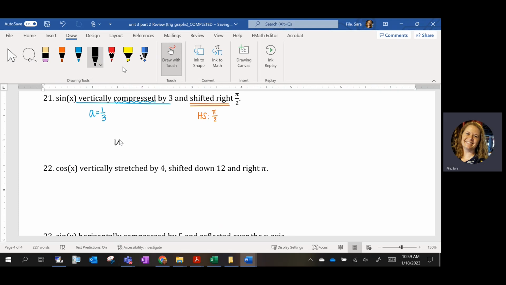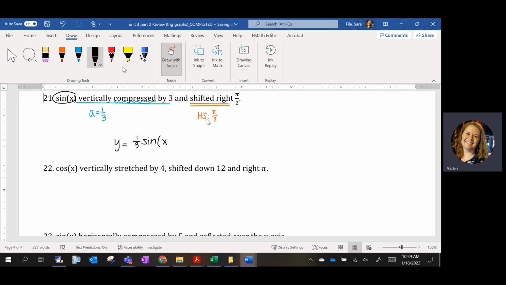Now, when that gets plugged into the equation, and they tell us to do this one in terms of sine. So A is 1/3 sine, and then your B, they didn't tell us anything about a horizontal stretch or compression. So B remains an understood 1. Okay, so nothing has to be written there.